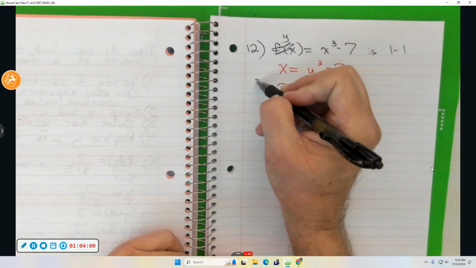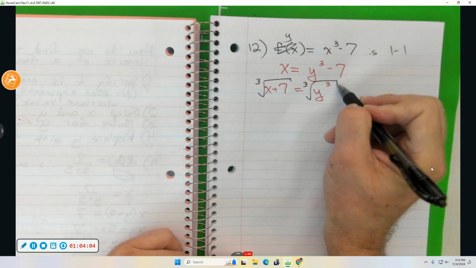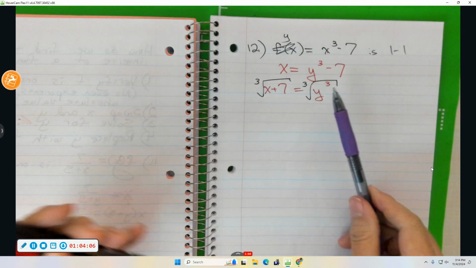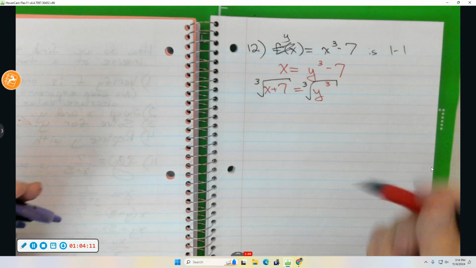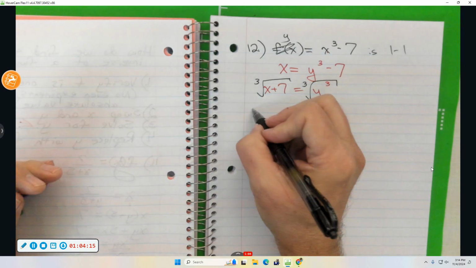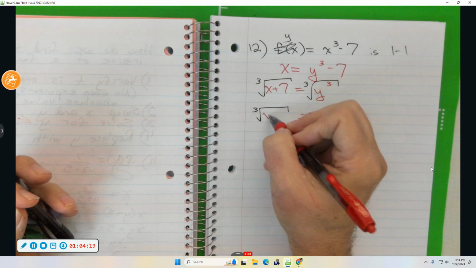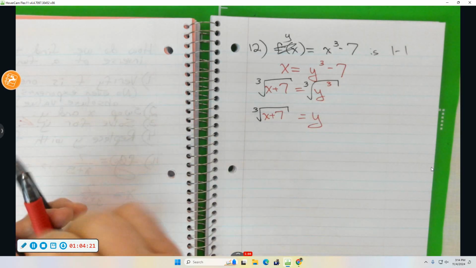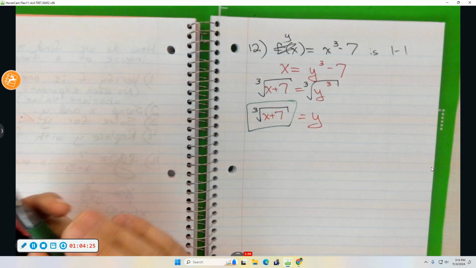When they're performed consecutively, they cancel each other out. So that cube root of y cubed becomes just a y. And what have we got on the other side? A cube root of x plus 7. There's the inverse. That's the thing I have to type in.